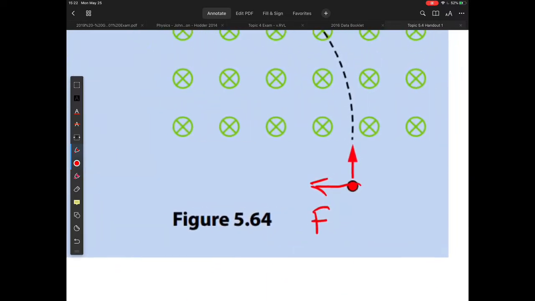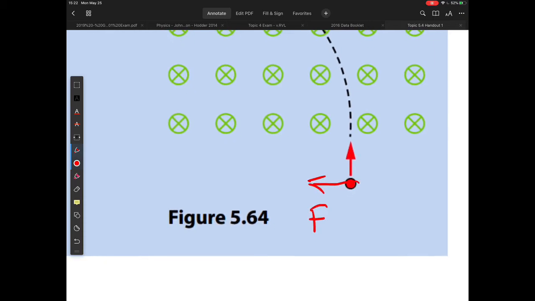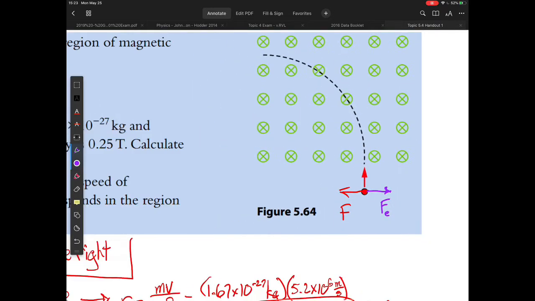So for part A, we just recognize here that if we apply the right-hand rule to this situation, it tells us that a charged particle would curve in this direction. If it were an electron, it would have force in the opposite direction, and the curve would be in the opposite direction.